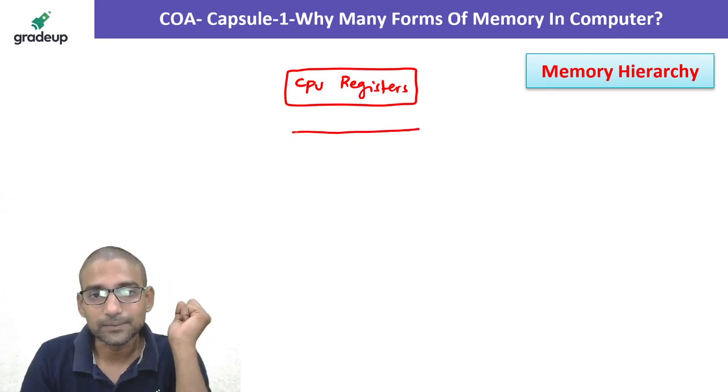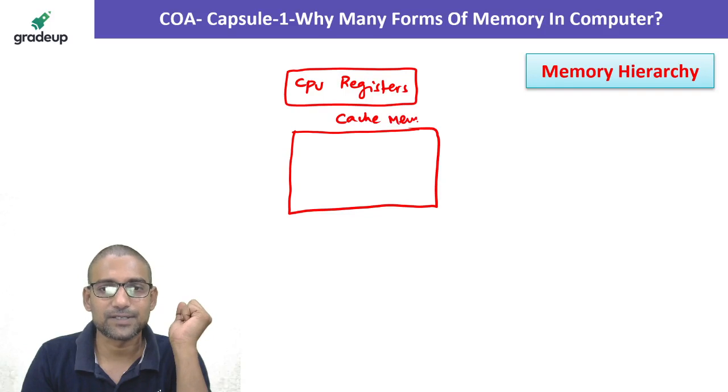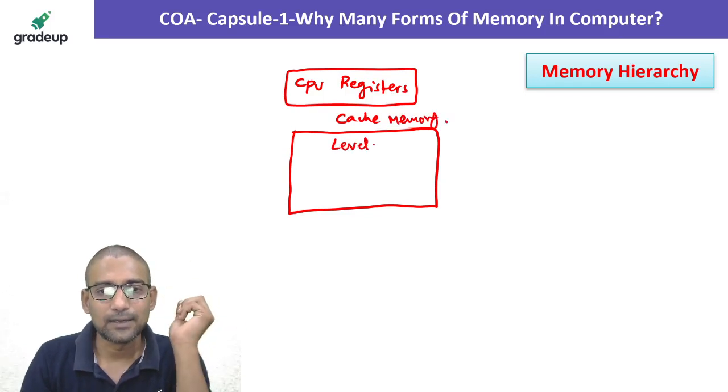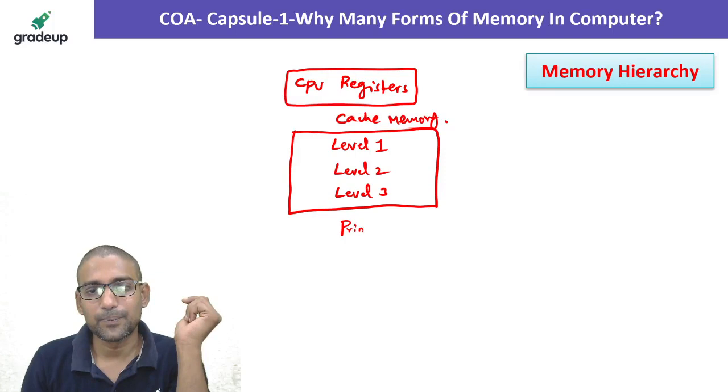Then what is fast? Cache memory is fast. In this cache we have level 1 cache, level 2 cache, level 3 cache, right? After this, main memory is fast.